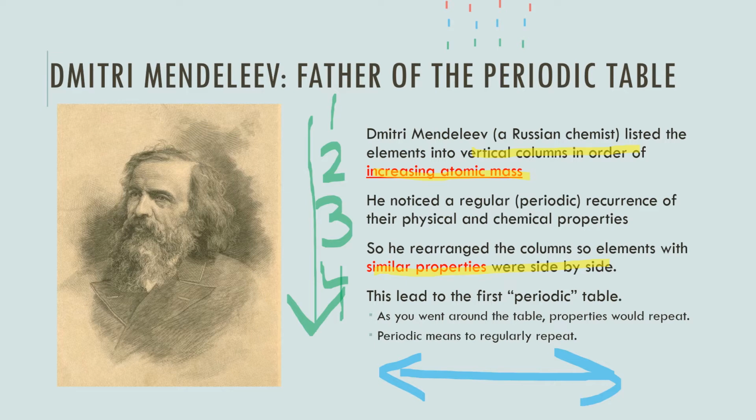So as you went through the periodic table and you read it from left to right or top to bottom, you'd see a periodic trend, or a regular repeating occurrence or pattern of properties. So for example, if I look at the colors up here, red, blue, green, red, blue, green, red, blue, green from top to bottom, that would mean a periodic or repeating pattern of properties.